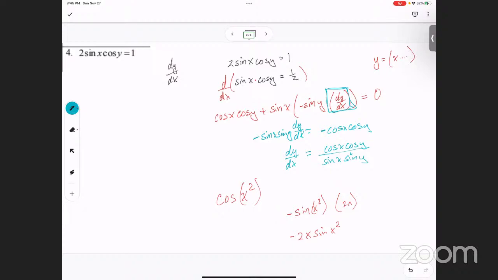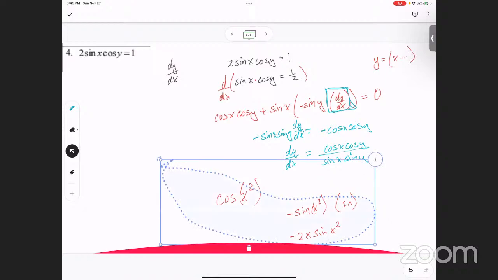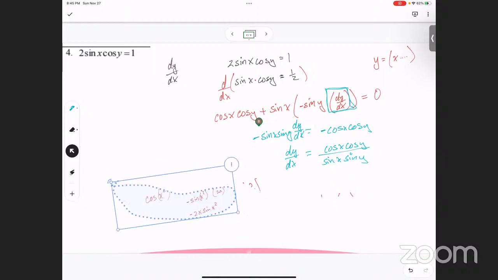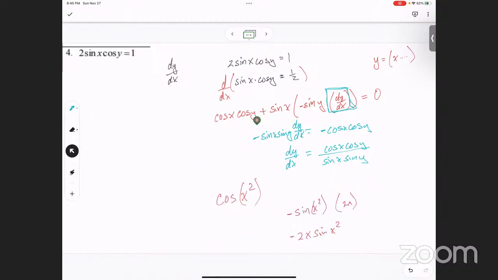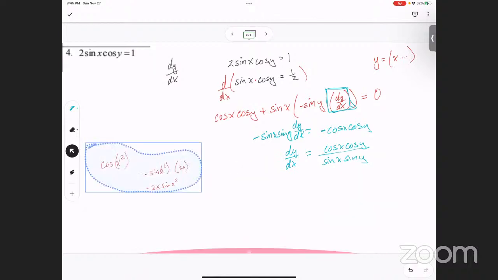Follow? I follow almost everything except how you, like here. I understand this part because dy dx is attached to negative sine x sine y, but I don't understand how it equals this term as well.